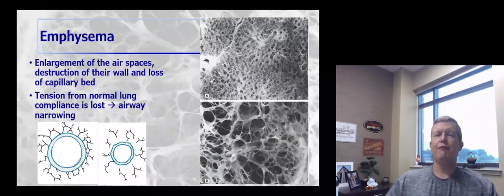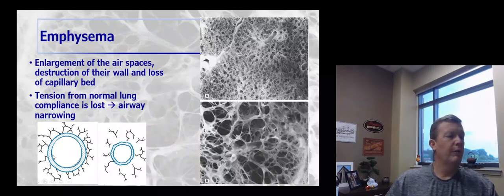Emphysema is a different pathology altogether. So in this slide, I have a few pictures to represent what the pathology looks like. If you recall the cartoon image from earlier that I showed you, the one on the left here at the bottom, you see a depiction of what is normal and healthy lung tissue.